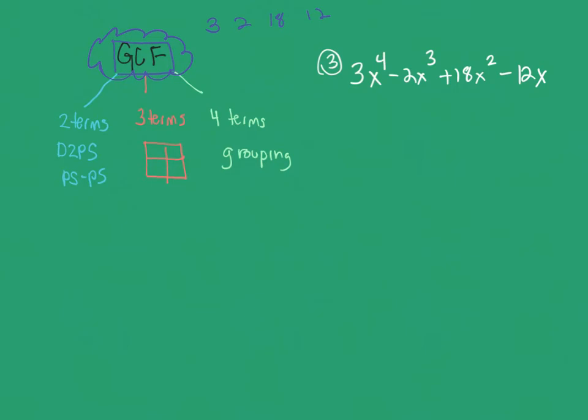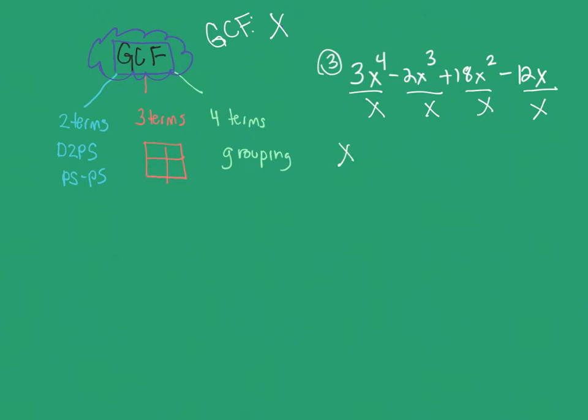When I look at the constants, I do not see a greatest common factor between all 4 of those. But what I do see is that each one of these contains an x. So this time, my GCF is a variable x.